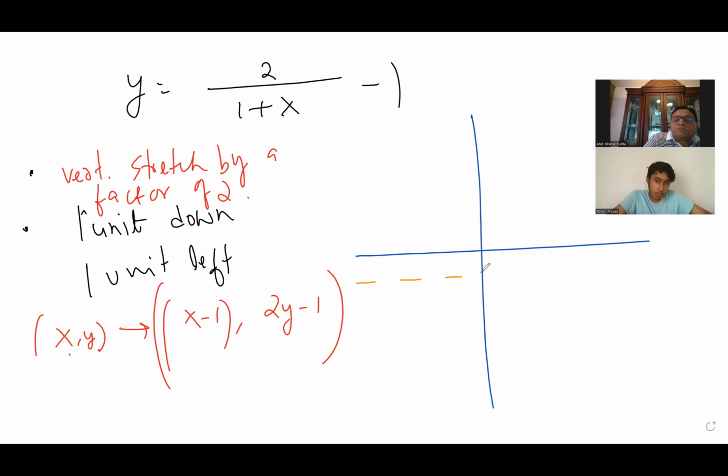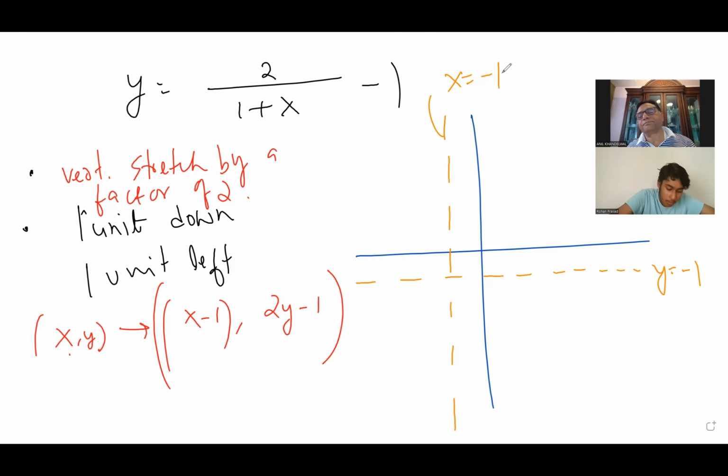So the horizontal asymptote would be 1 unit down, and 1 unit to the left, and the vertical asymptote would be 1 unit left. So that means that x would equal to -1 and y would equal to -1. Correct. Can you sketch the graph? Find x and y intercepts now. X and y intercepts. Okay.